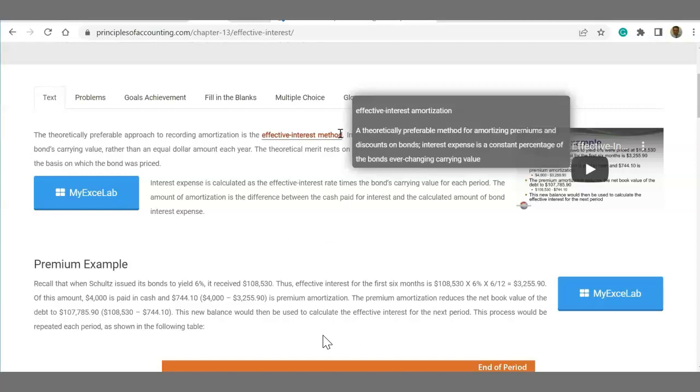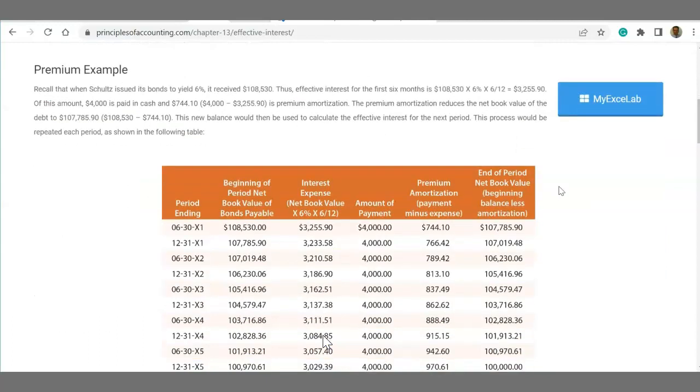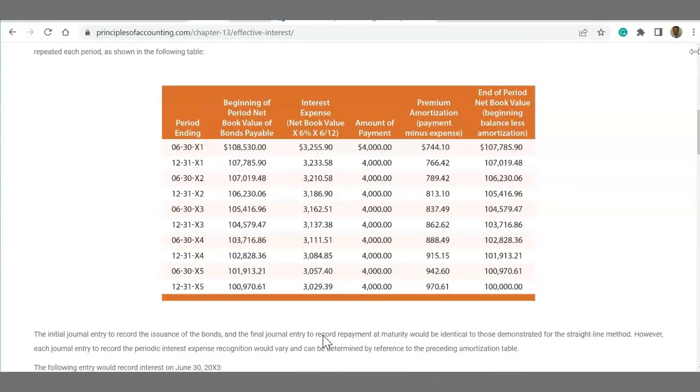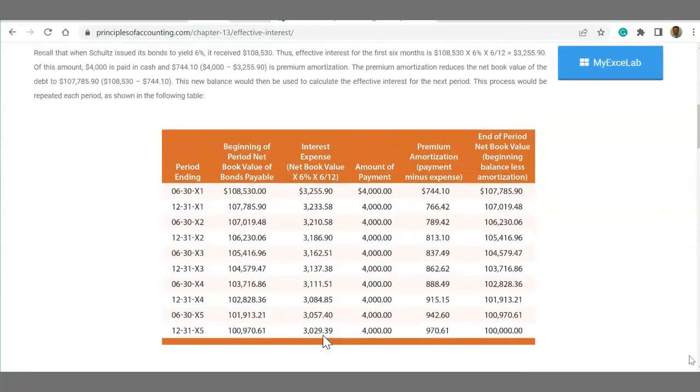financial statements. So let's look at the premium example here. In this premium example, as you see, the bond at the beginning was $108,530 at the premium.